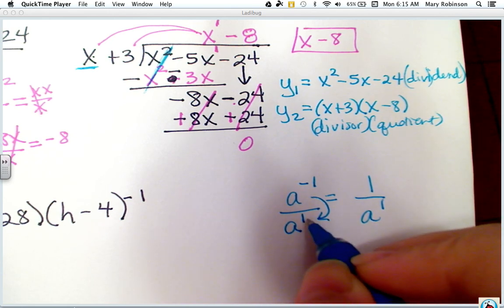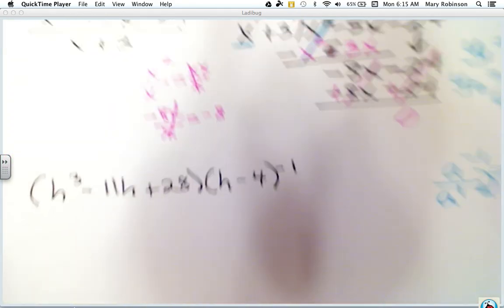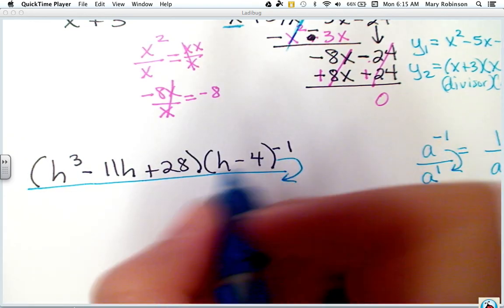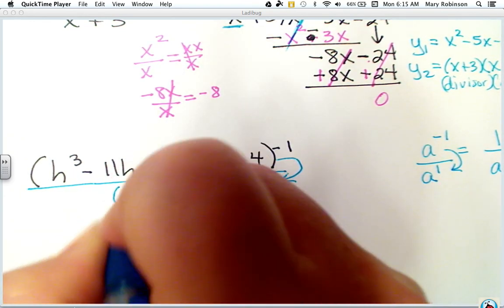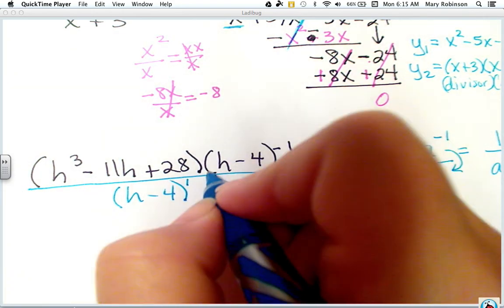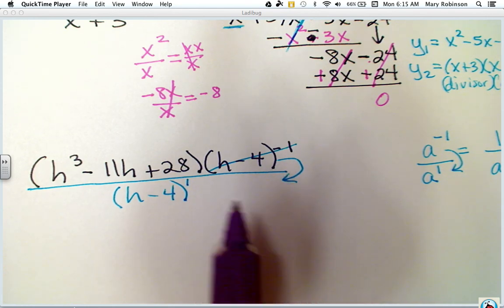So recognize that anytime you see anything to the negative 1 power, it's another representation of division, because if I move just the h minus 4 to the bottom, my exponent will now become positive.